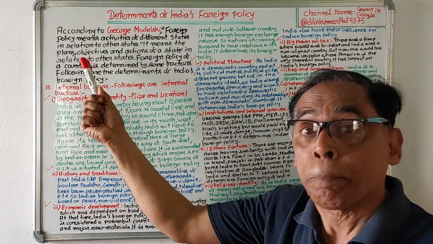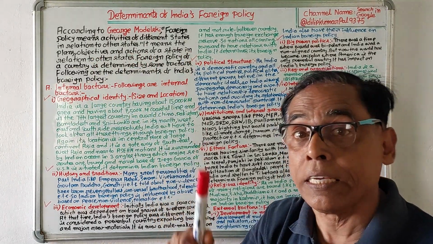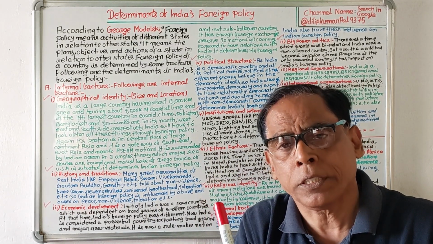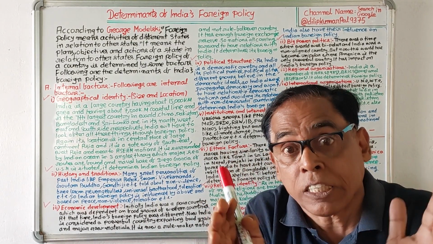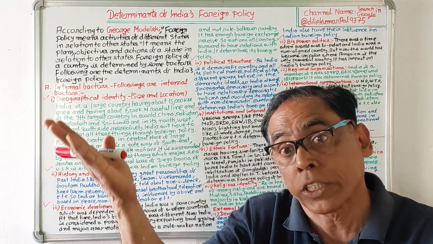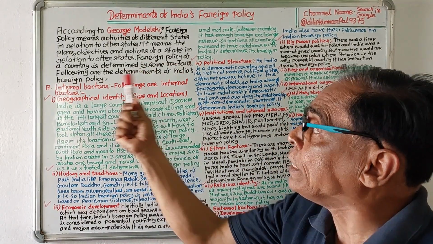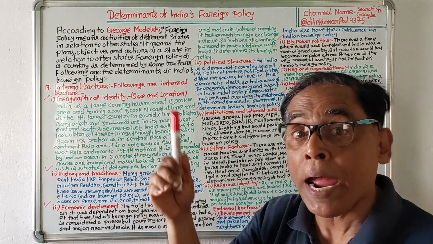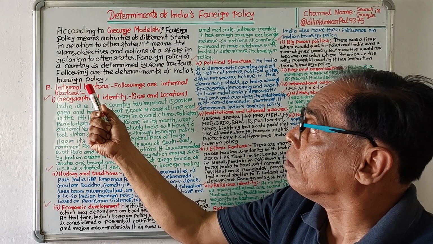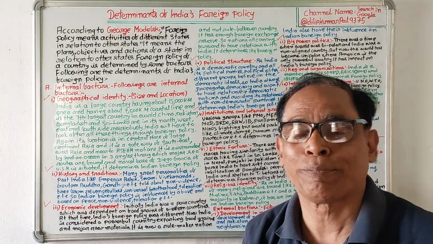It means the plans, objectives and actions of a state in relation to other states. The behavior of a state towards other states is known as foreign policy. Foreign policy of a country is determined by some factors. Foreign policy of India is determined by the following factors.